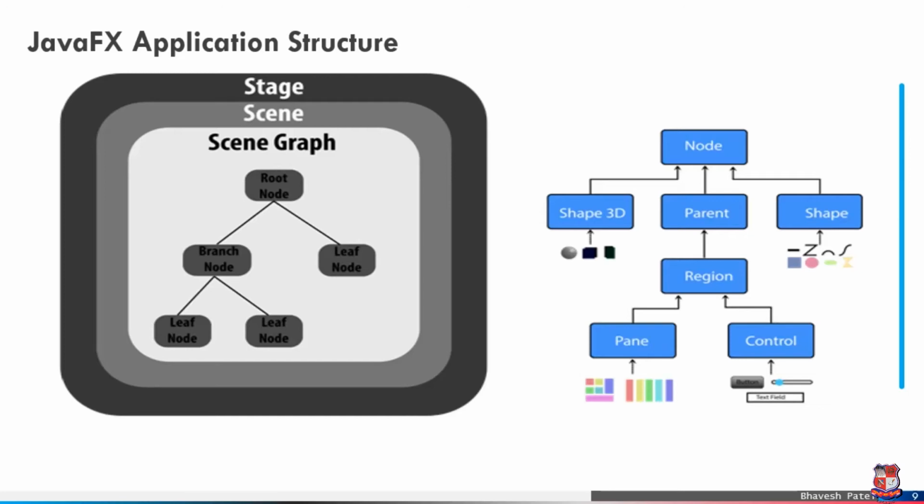At one instant, a scene object can only be added to one stage. In order to implement a scene in our JavaFX application, we must import the javafx.scene package in our code. The scene can be created by creating the Scene class object and passing the layout object into the Scene class constructor.